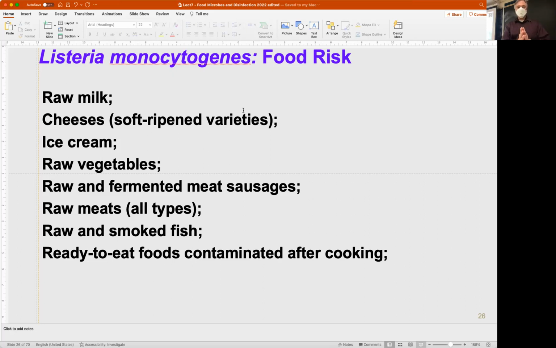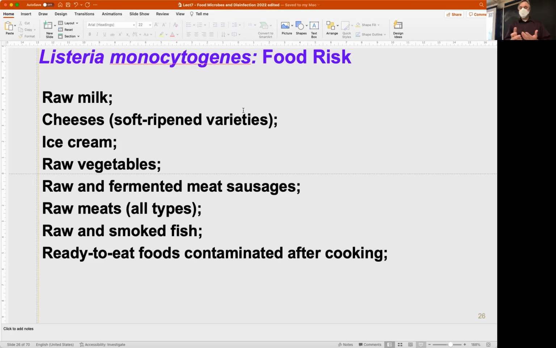So monocytogenes, what is the risk? Where can you find it? Raw milk, cheese, ice cream, because ice cream comes from milk, raw vegetables, raw fermented meat sausages. So sometimes meat sausages are cured, they're not cooked. And by curing, I mean they're exposed to high levels of salt and allowed to stay at room temperature to cure.